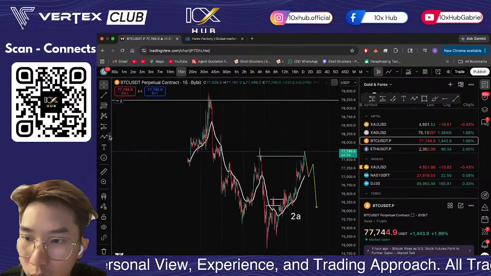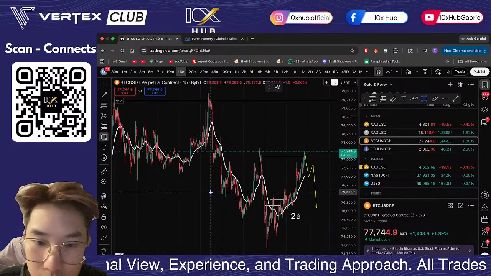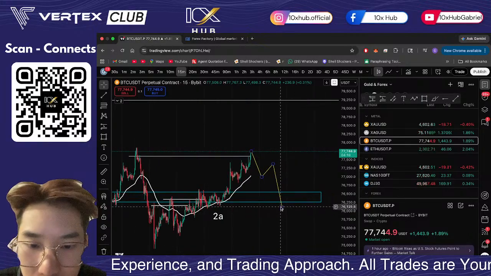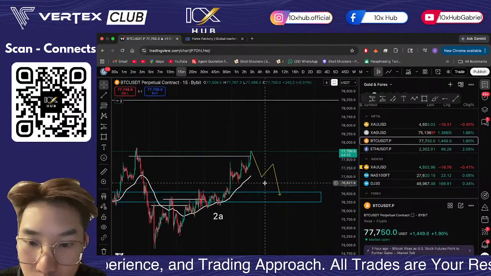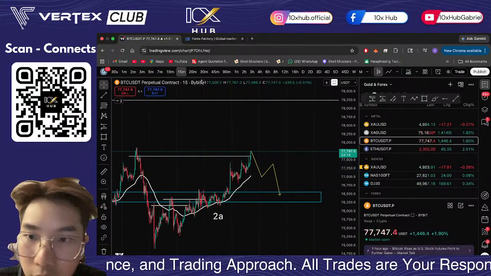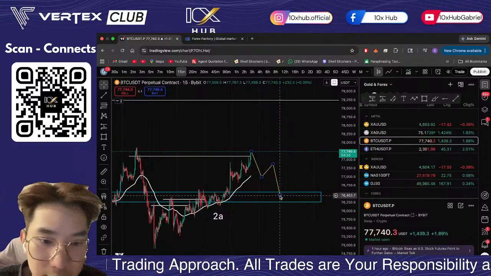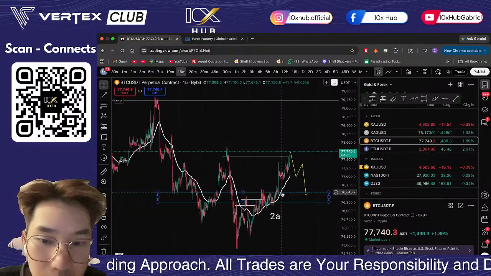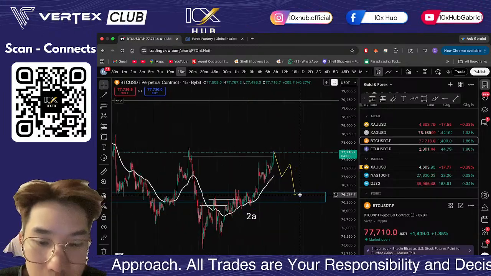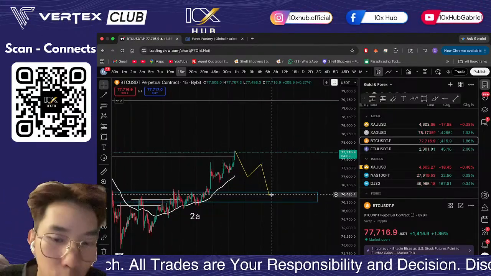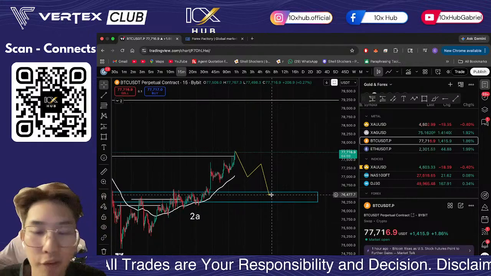Then we can look for a long entry, because this is a flip zone. So we can look at the 15-minute chart, which traces back to this area, which is 76,450.